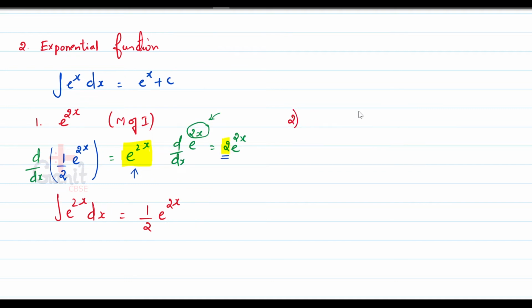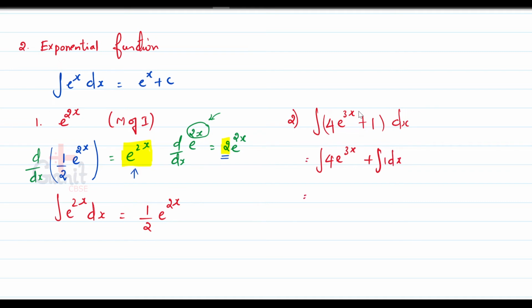Second problem, find the integral of 4 e to the power 3x plus 1 with respect to dx. So we need to integrate. We can separate it: 4 e to the power 3x plus 1 dx.